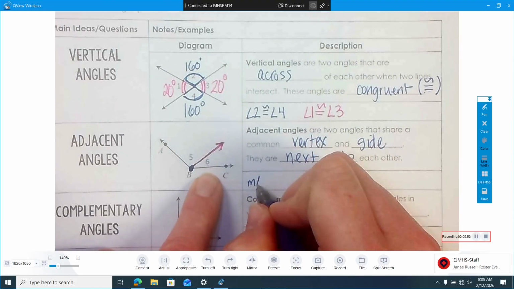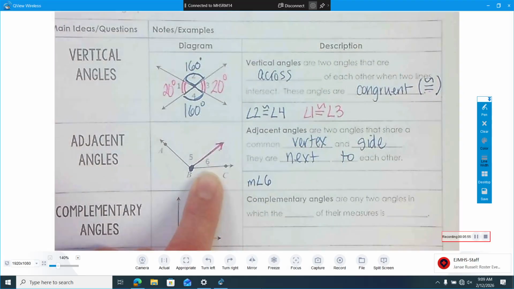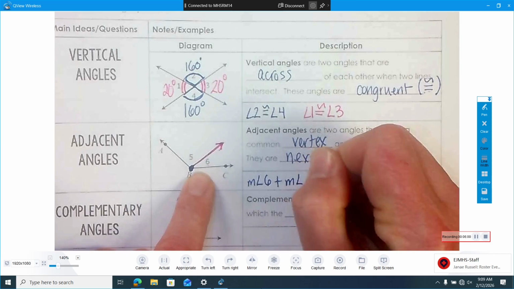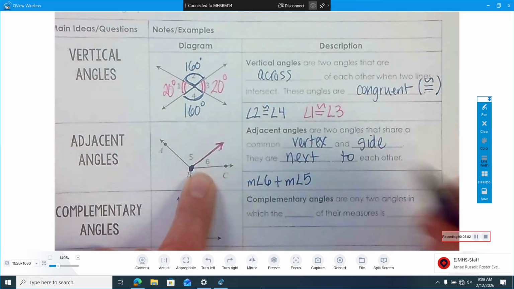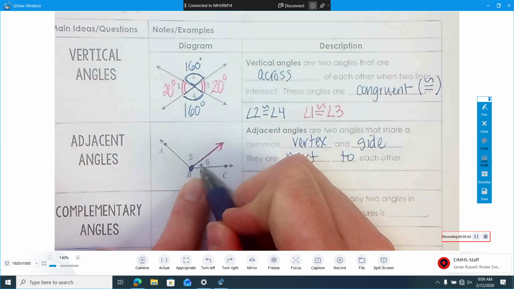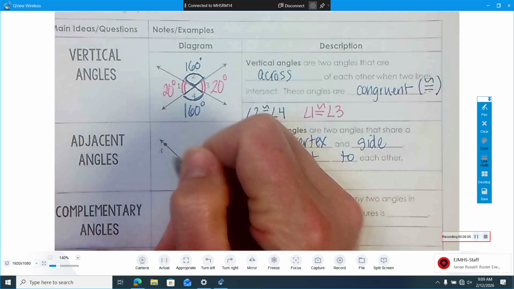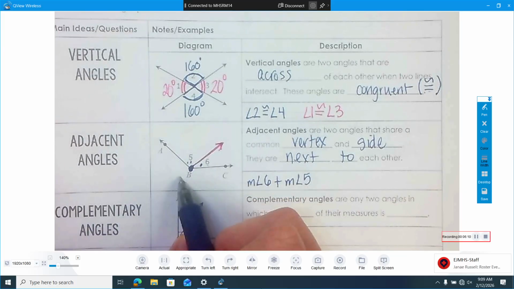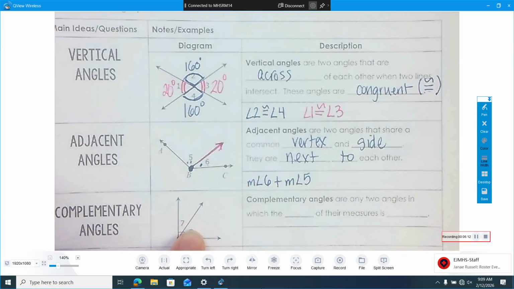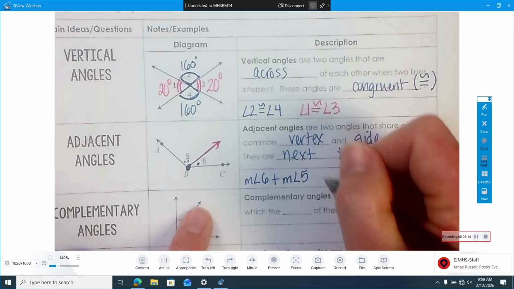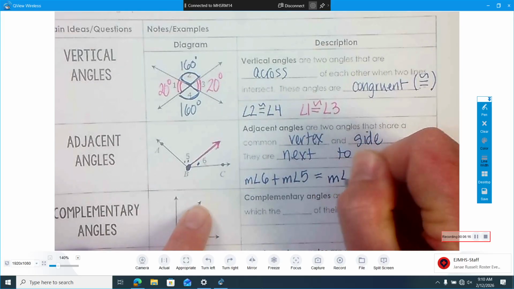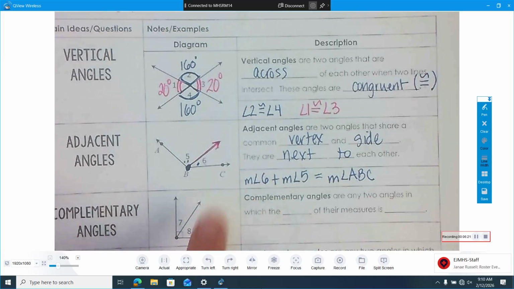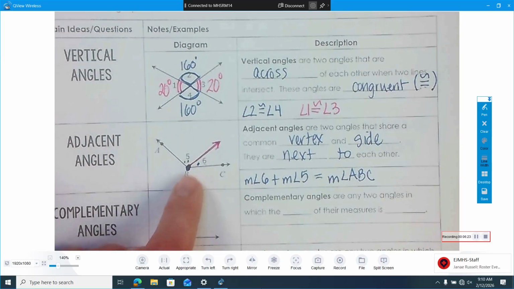The measure of angle 6 plus the measure of angle 5, if I take my angle number 6 and I add in my angle number 5, that's going to give me the whole big angle. Does that make sense to you? All right. That equals the measure of angle ABC. So let's see. This is called little piece plus little piece equals whole.